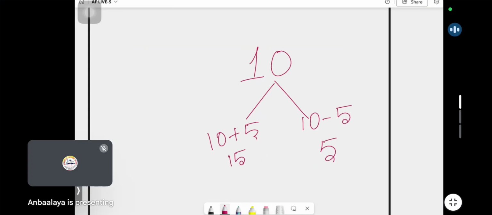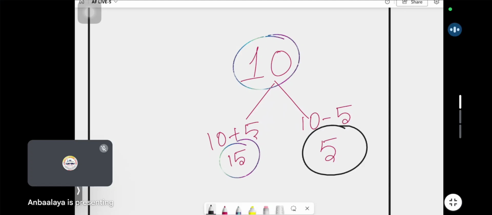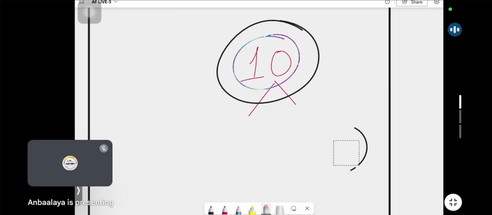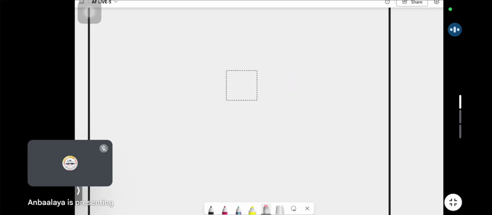Because if you find the difference between 15 and 10, what is it? 5, ma'am. What is the difference between 10 and 5? Again 5. So the possibilities are two. Either you add the 5 or subtract the 5. Very good.